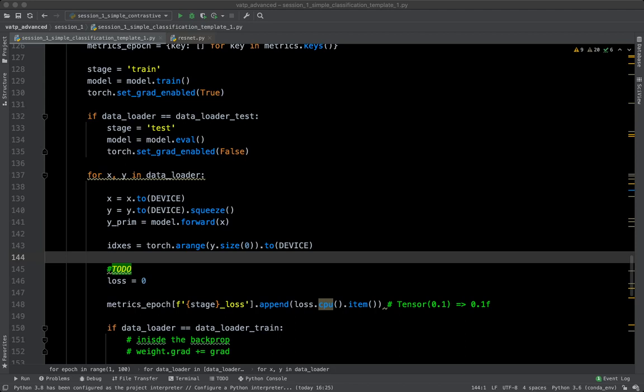If that would be a probability distribution for the y and y prim, but in this situation we have the indexes. So maybe I should write it like IDX, so that would be even clearer. So I want just to select those indexes from the probability distribution that match the ground truth, and then calculate the negative log loss. And then I add a little bit of epsilon to have a little bit of numerical stability.